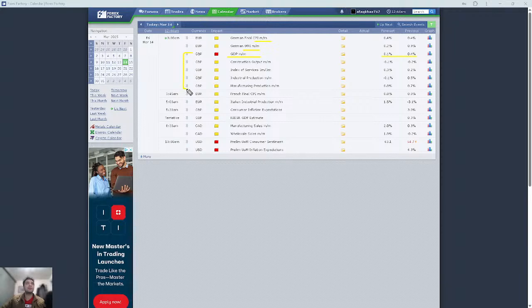Then this is the data for the pound, and then we have the euro, French CPI as well, as per German and French. Then we have an Italian production monthly. These are the countries that are linked with the European Union, so that's why they come together.